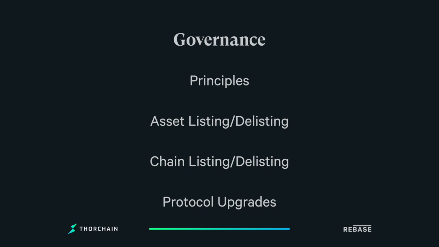It's very low governance. It's purely a function of how much the community wants those assets listed. To delist the assets, that happens when all liquidity providers have taken their assets out of a pool, basically.